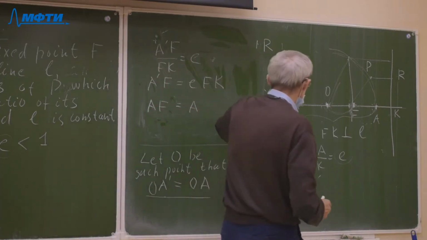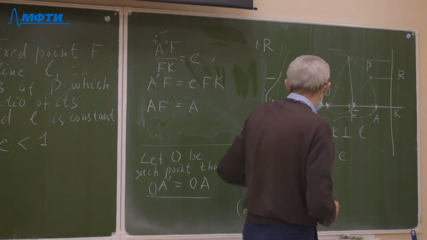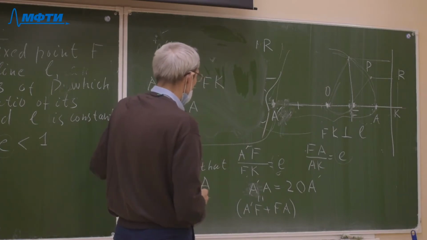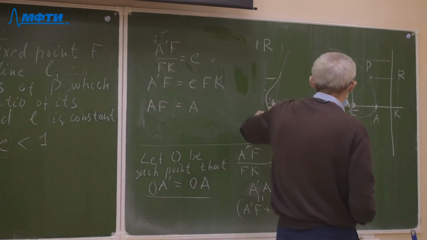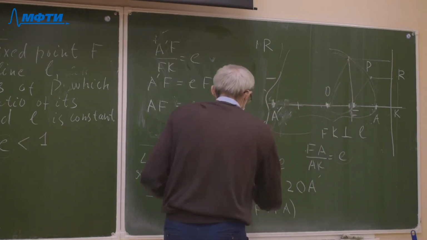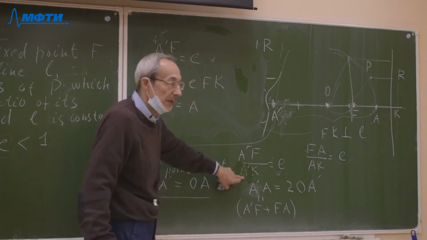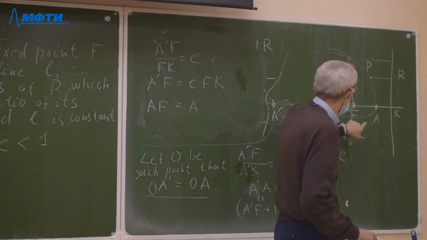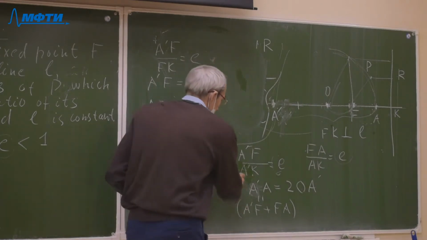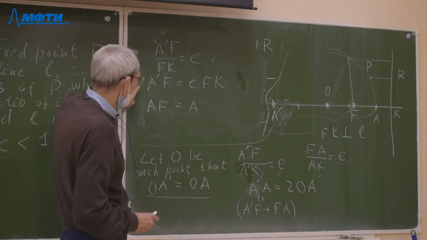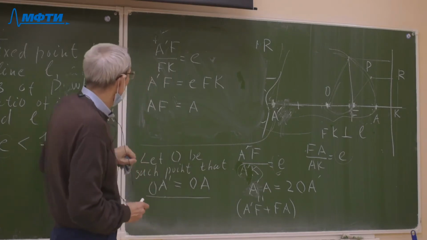It is A prime K, I'm sorry. The ratio A prime F to A prime K is equal to E. This was a mistake. It's right now.